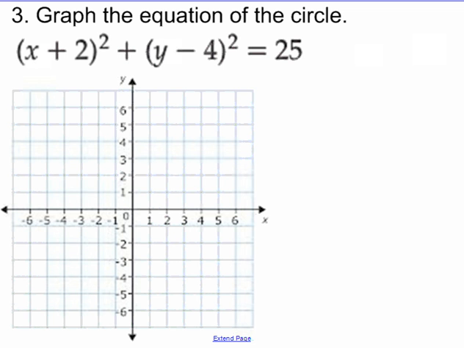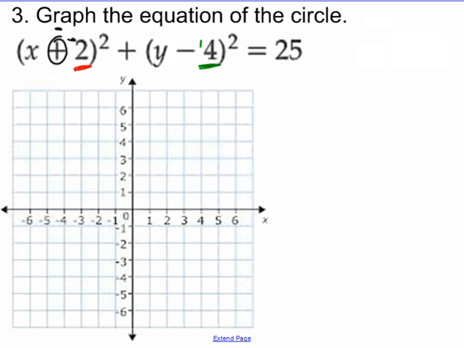So now they're going to ask us to graph this. The first thing we need to do is locate the center of the circle. Here's the x, here's the y. Now remember that in the formula it is minus, so that means this 2 is a -2.